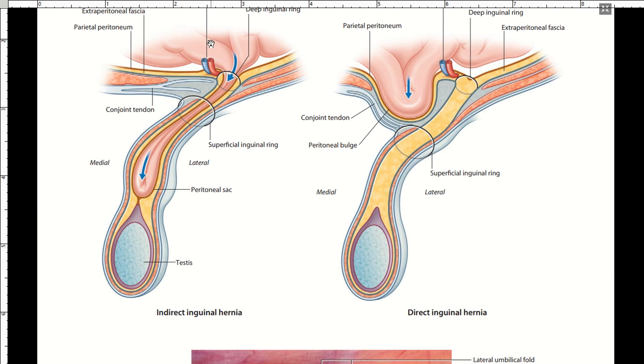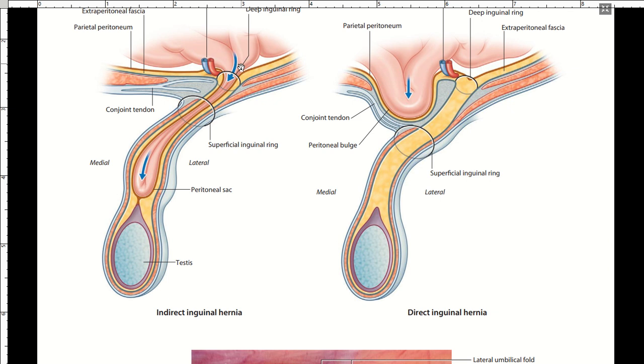So if you remember very well, we said that embryologically the testes originate in the abdomen, then they make their way to the scrotum. So we have a sac called the processus vaginalis.